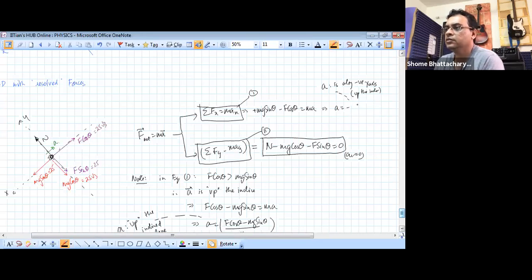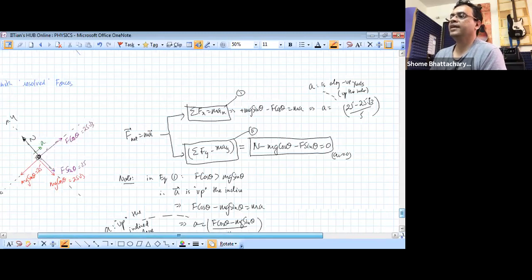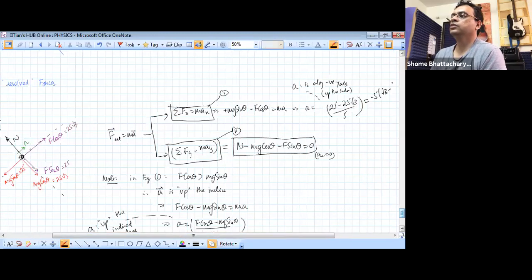This will have 5 in the numerator. So if we had solved this, just continuing this for a moment here, we would have got minus 5 into root 3 minus 1.